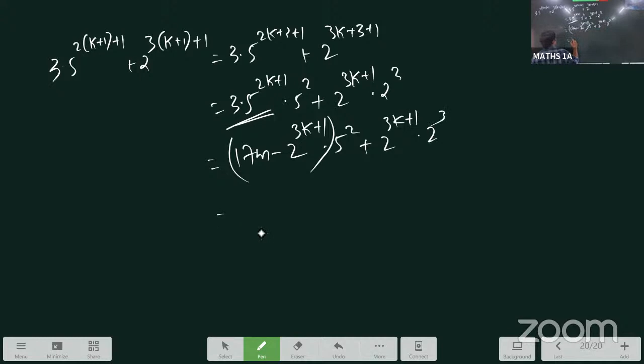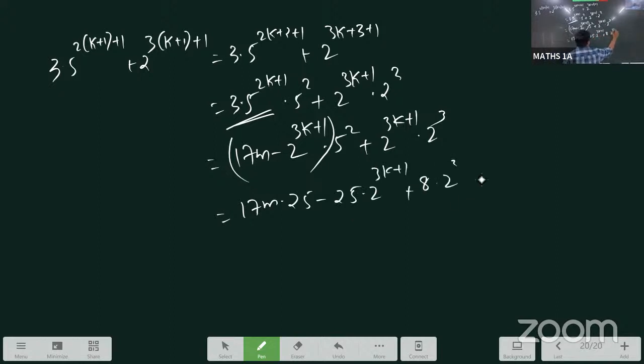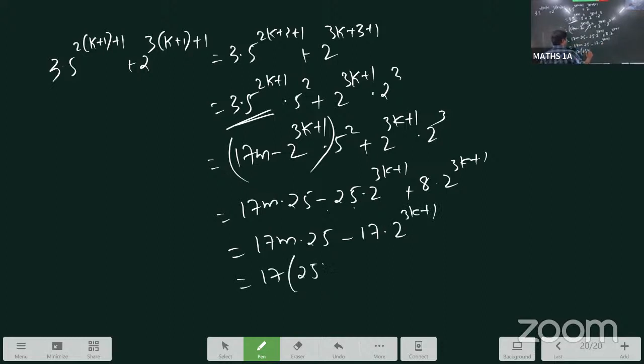Now 5 square is 25: 17m into 25 minus 25 into 2 to the power 3k plus 1, plus 2 cube is 8 into 2 to the power 3k plus 1. 17m into 25 minus 25 plus 8, minus 17 into 2 to the power 3k plus 1. Now I am going to write 17 common. So 25m minus 2 to the power 3k plus 1. That is 17 into, again I got some integer only, without any remainder, right?